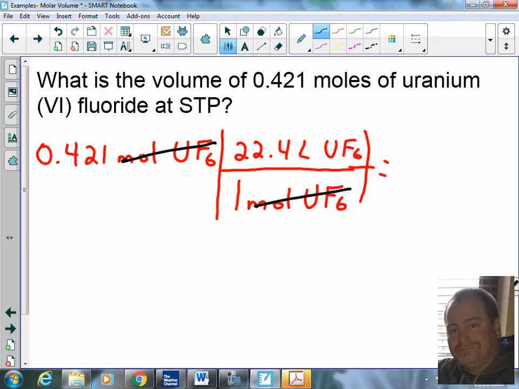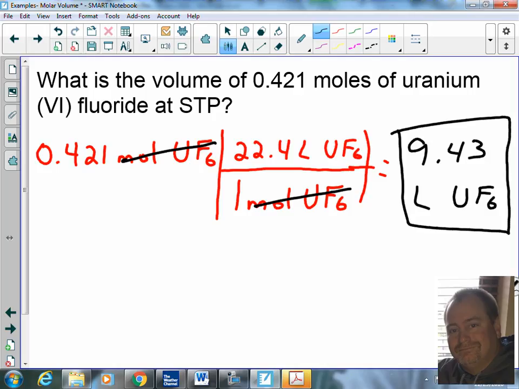I've converted this into liters of UF6. I take the 0.421 and I multiply it by 22.4, and it gives me, with 3 significant figures, 9.43 liters of uranium-6 fluoride.